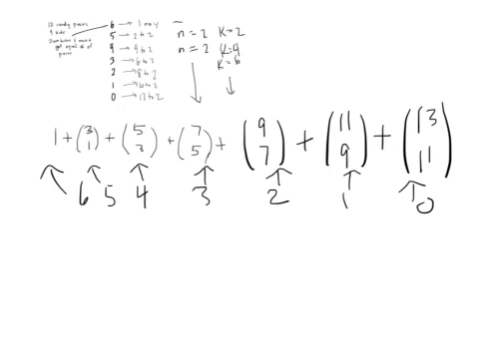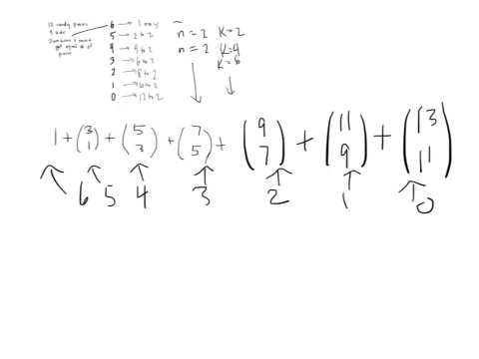So we can say, what would 3 choose 1 plus 5 choose 3 plus 7 choose 5 plus 9 choose 7 be? I don't know. Let's hit pause on this, and that's your homework.